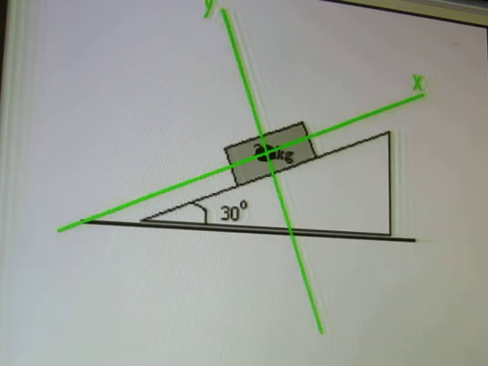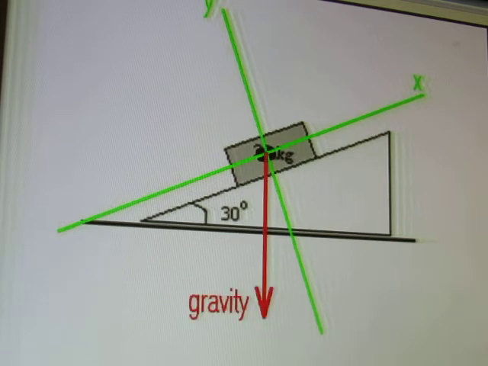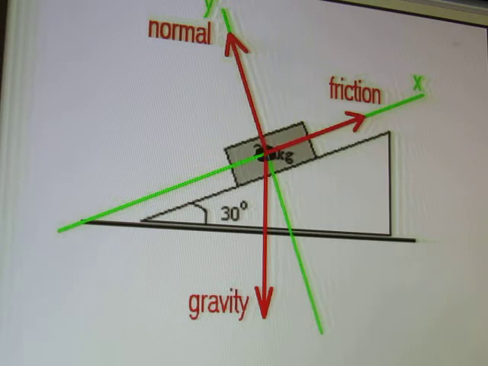So if we tilt the X and the Y axis and imagine it like that, and think of this question again, let's go through these forces again. So there's gravity straight down. There's a normal force that is 90 degrees to the surface. And when the box begins to slide down the ramp, there would be friction opposing motion in the opposite direction.